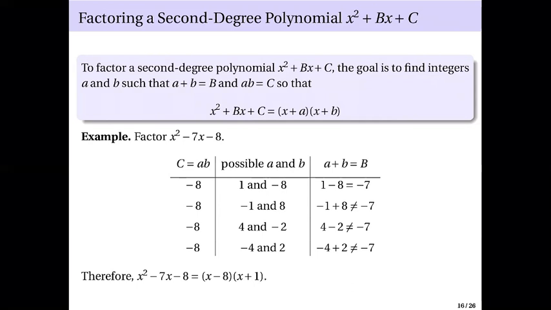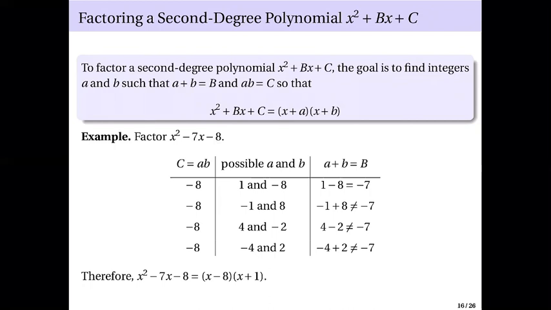That's one. Second hint, suppose the middle part is negative. If the middle part is negative and capital C is positive, then the pair must be both negative.